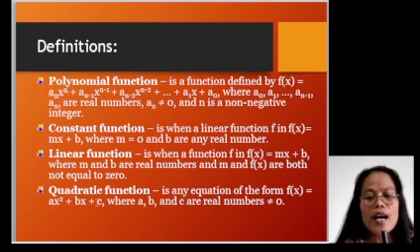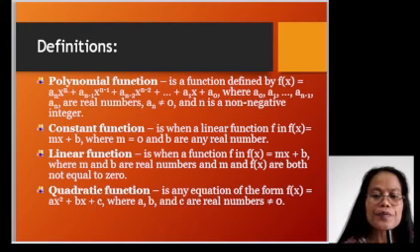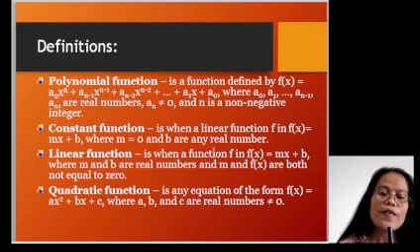And we have three kinds of polynomial functions here. The constant function. The constant function is the linear function f of x is equal to mx plus b, where m is equal to 0 and b is any real number. So that's a constant function.